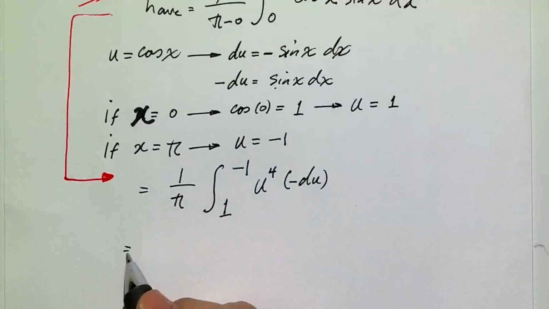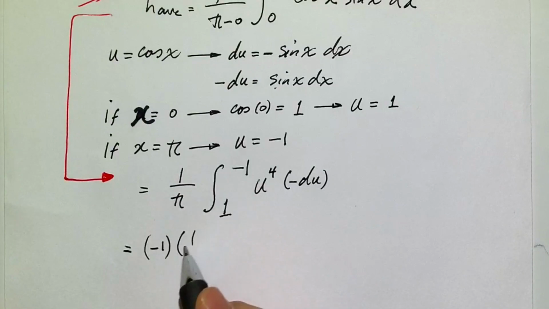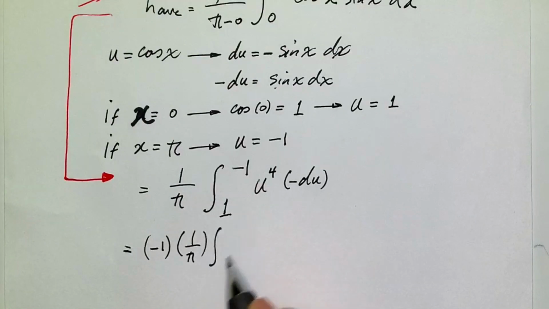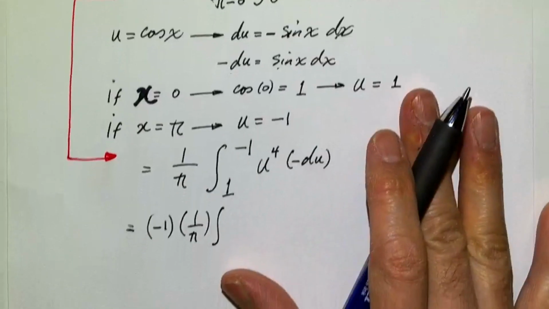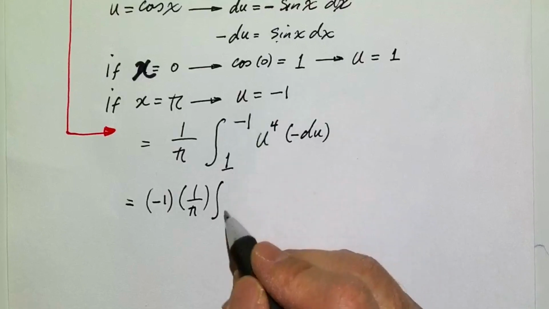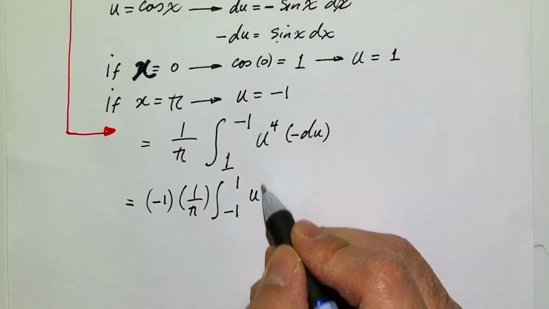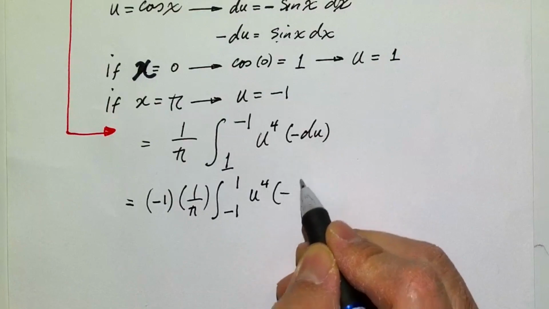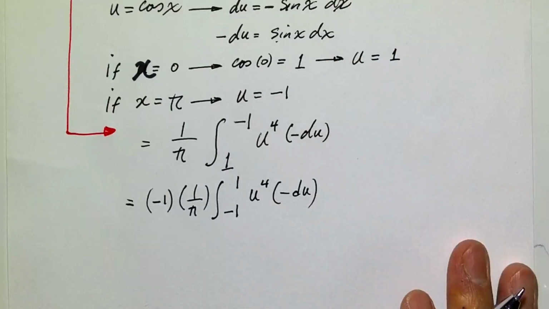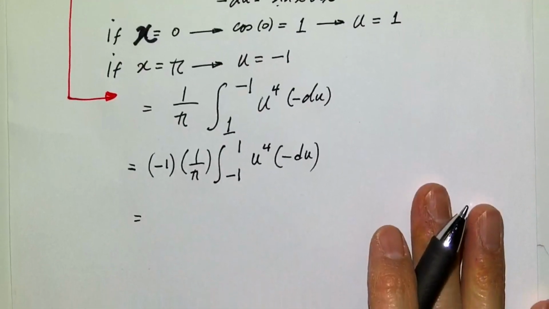So minus times minus is positive, but let's take it step by step. We're multiplying this whole thing by minus 1, and that will correct the limits of the integral. So from minus 1 to 1, u to the 4th, minus du. Minus times minus will be a positive.